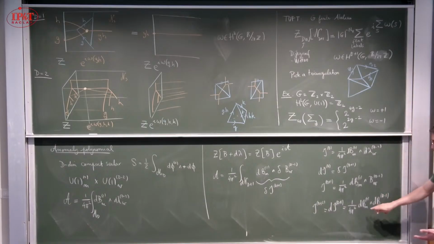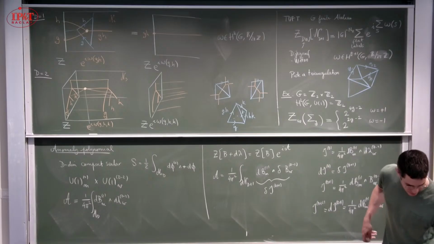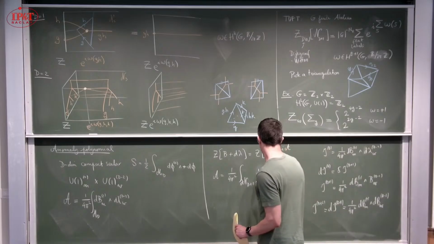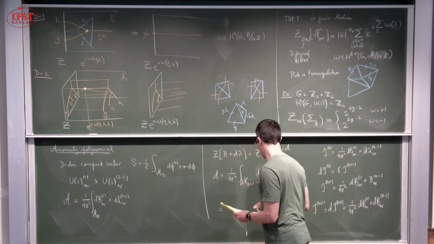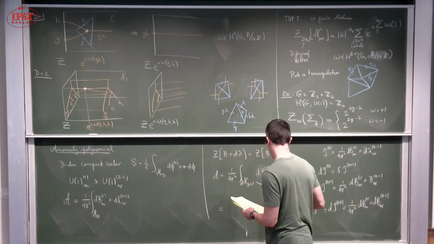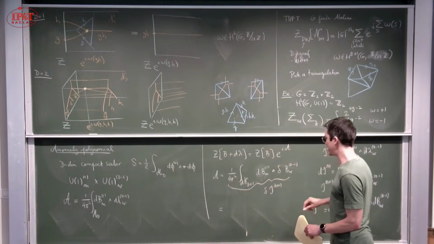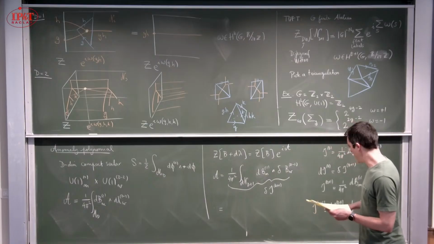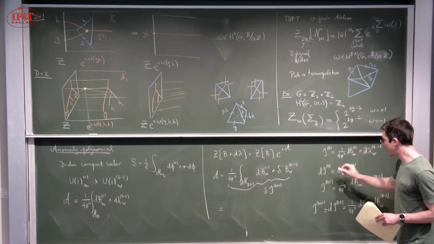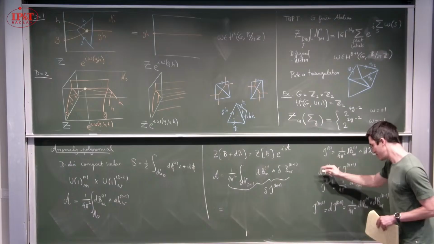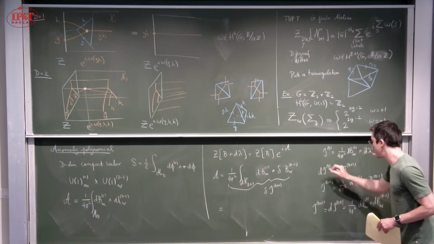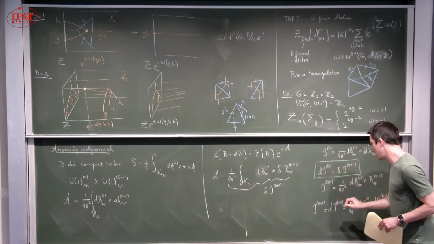Now that's a d plus 2 form, and we can write the anomaly with this equation. These are the descent equations, this one and this one.